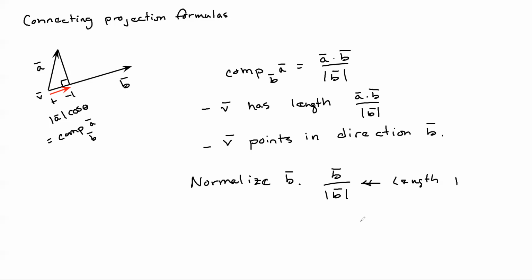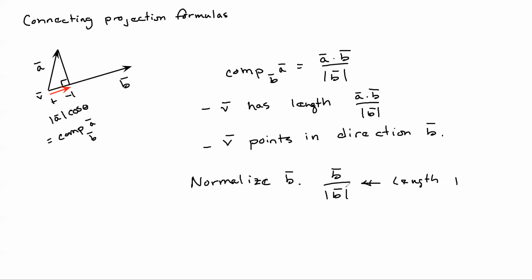Now, what if we wanted a vector that pointed in the same direction as B, but had length 2? Not this vector, because this vector has length 1. If this has length 1, to find a vector that's twice as long as that, think back to our scalar multiplication definition.